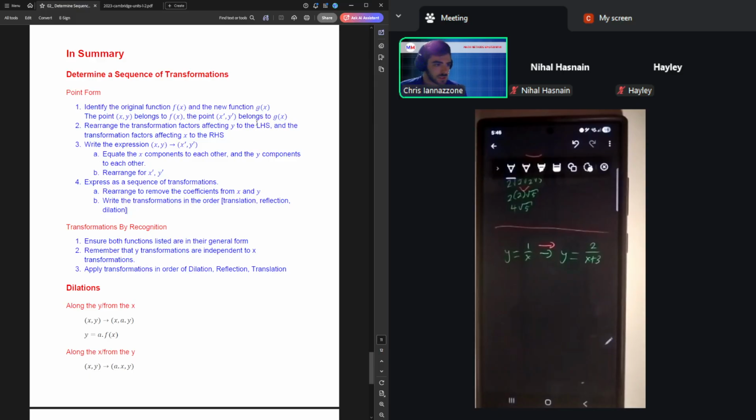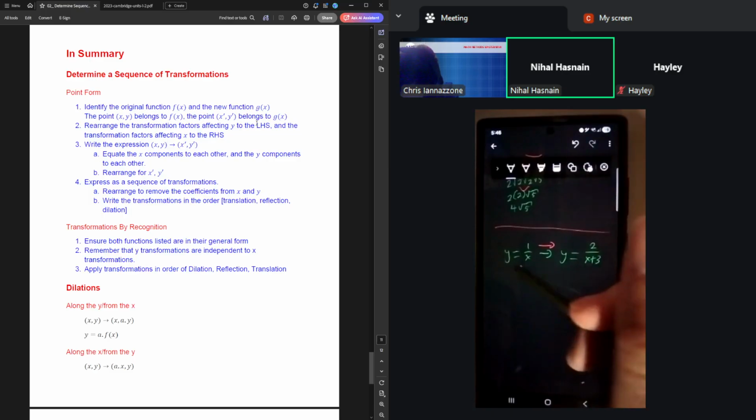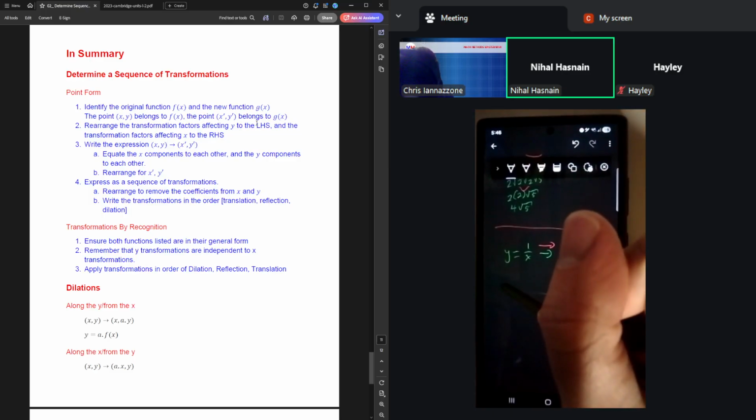Alrighty, I'll give you a moment to have a read of what's going on in there and let me know how might we start this one out. We have to rearrange the original equation, but in this case it's already in the most basic form.